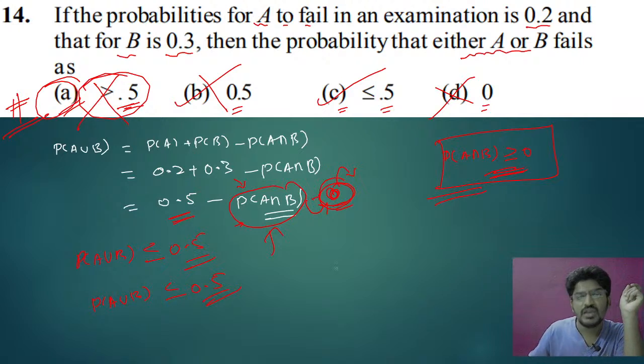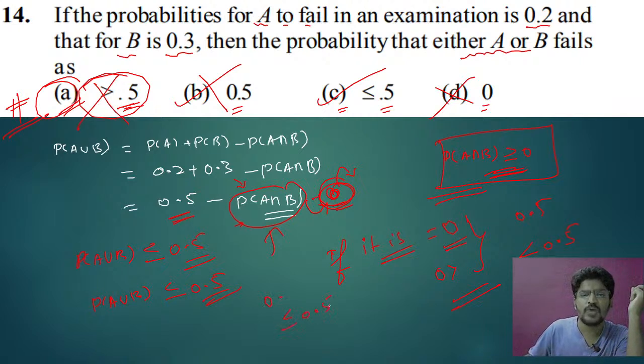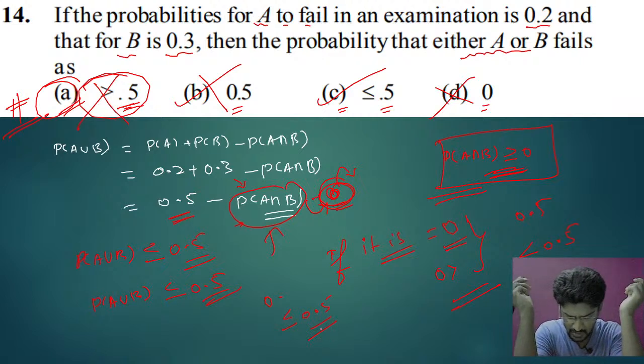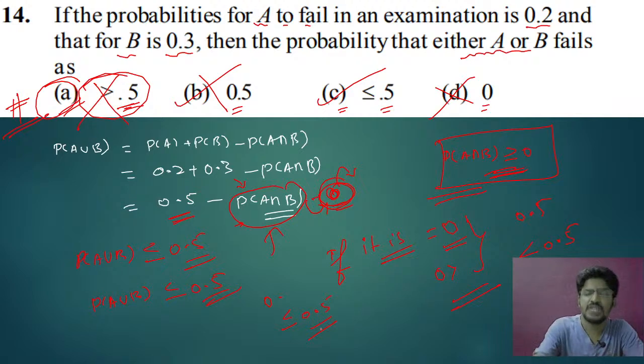See here, if it is equal to 0, then the answer is 0.5. If it is greater than 0, the answer will be lesser than 0.5. So I have to take both the cases. If I take both the cases, then the answer will be lesser than or equal to 0.5. Okay. So option C is the correct answer.